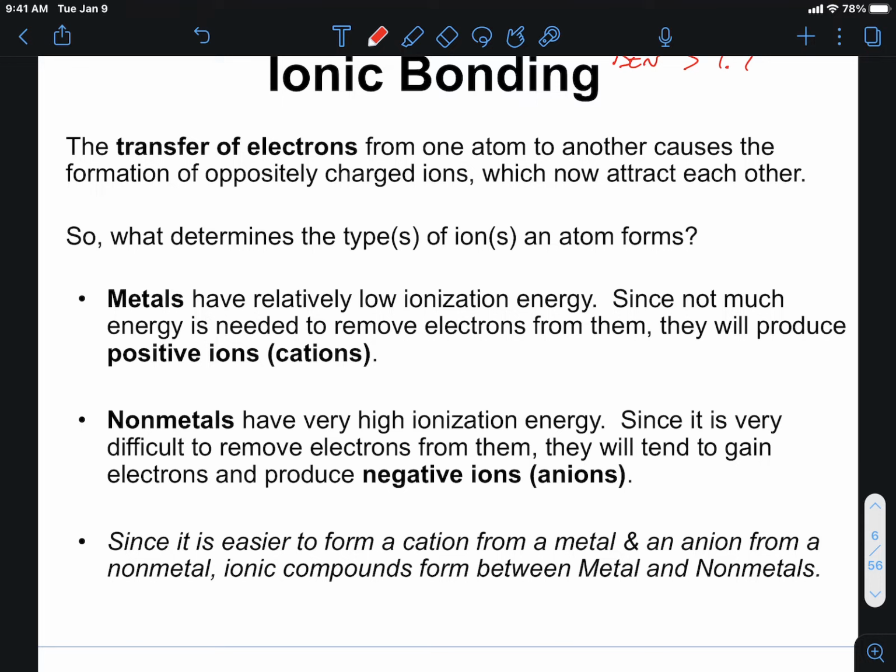So typically, and not all the time, but typically, ionic bonds are what results when you have a metal bond with a nonmetal. Okay?